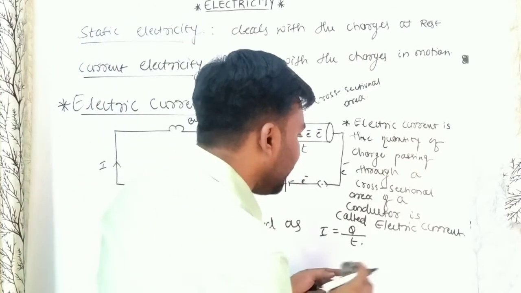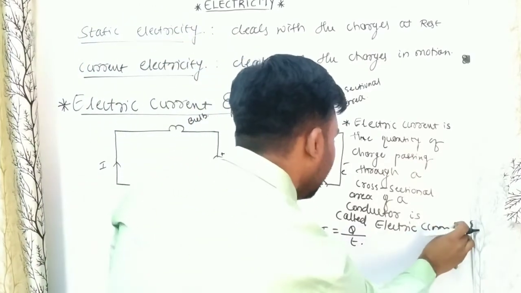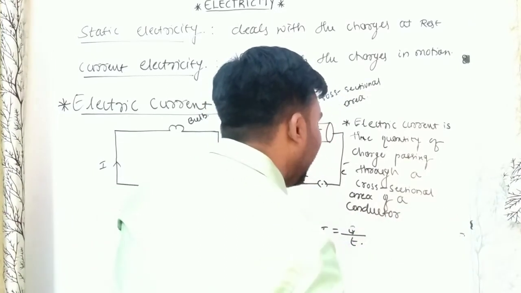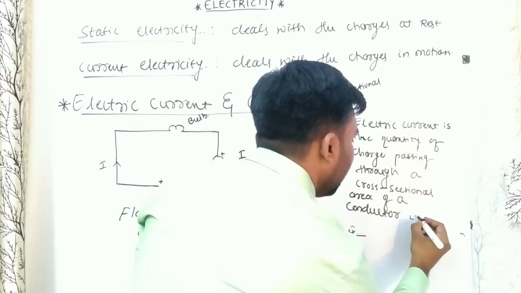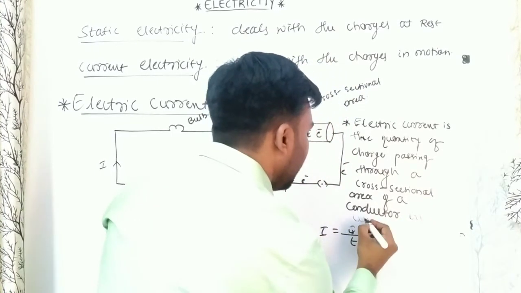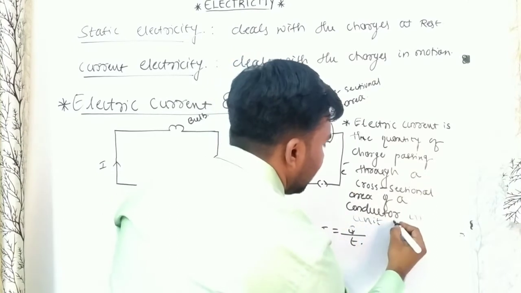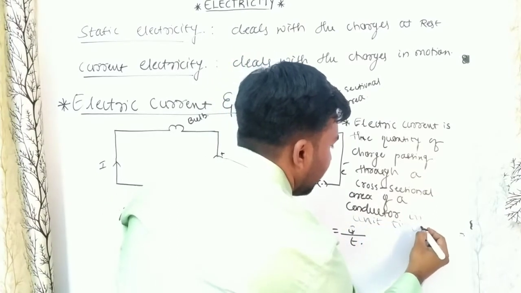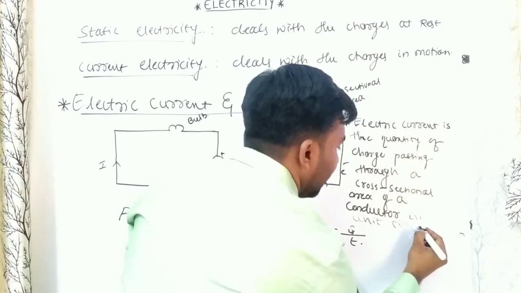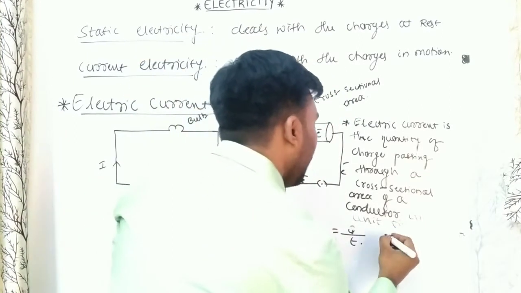Here one more word we need to add. In time T or in unit time. Without the time we cannot say how much time electrons are moving.